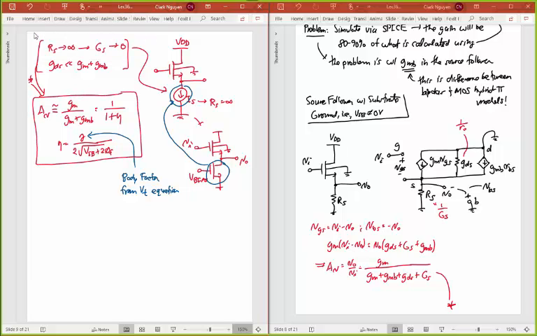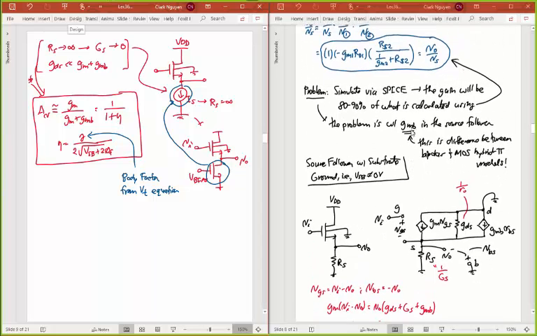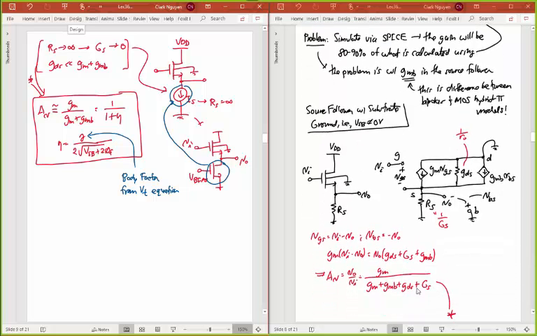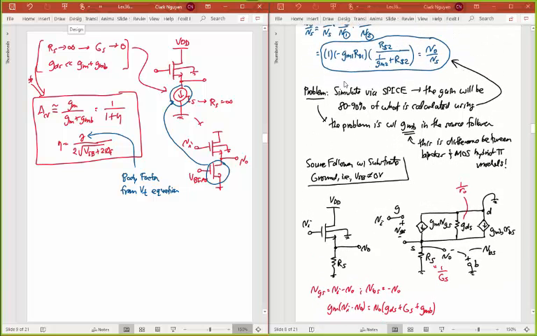It's not what we had before. Remember what we had before? If I move it up here, we had this. RS2 over 1 over GM2 plus that RS2. And so, or I could say it's this equation here if I want to keep that RS. I guess that still has an RS there. But if I made that RS infinite in this case, this would go to 1, right? Even if I made RS infinite, which is what I did here, this does not go to 1.